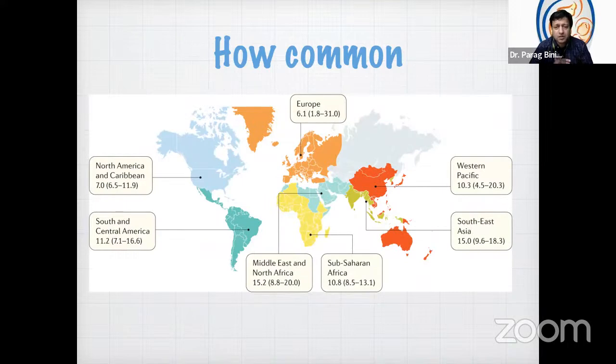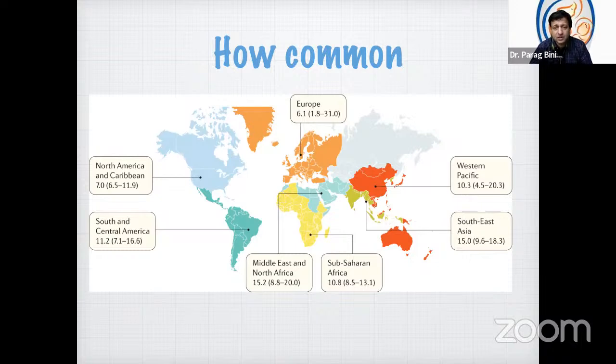This is not a problem related to only our country. World over, it is becoming a bigger and bigger challenge. Though world over, the incidence is seen to be anywhere between about 1.8 to 31%.